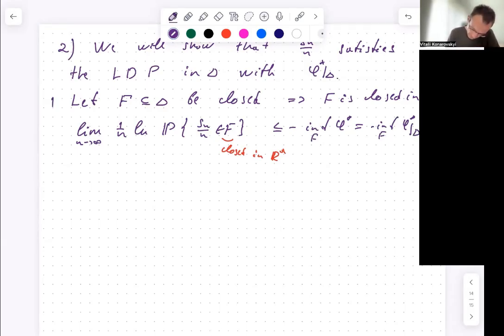That is for the upper bound, and for the lower bound, let G in delta be open.